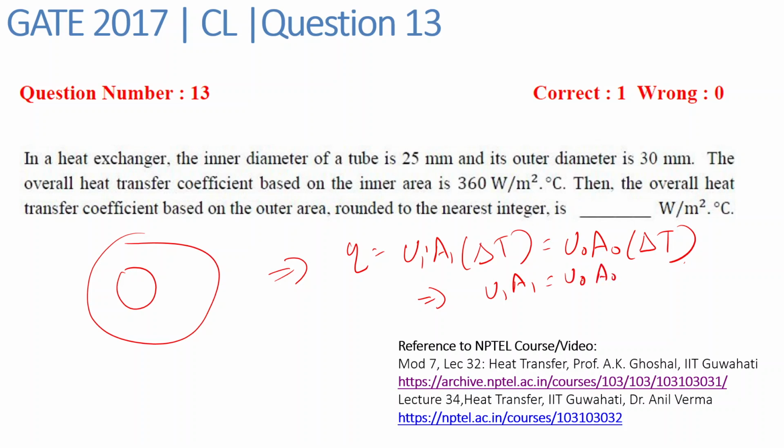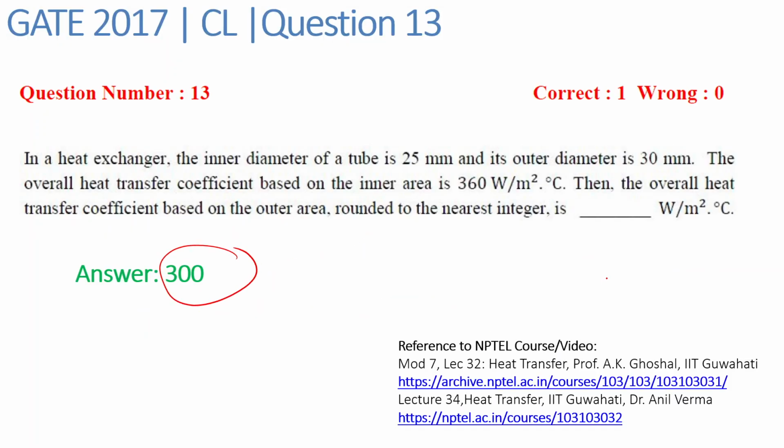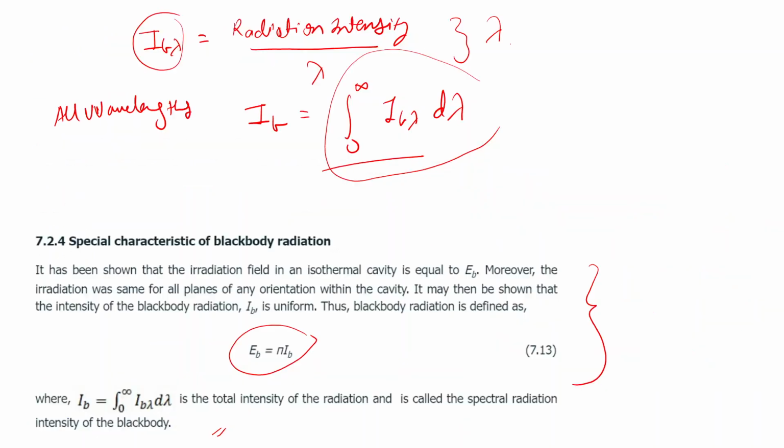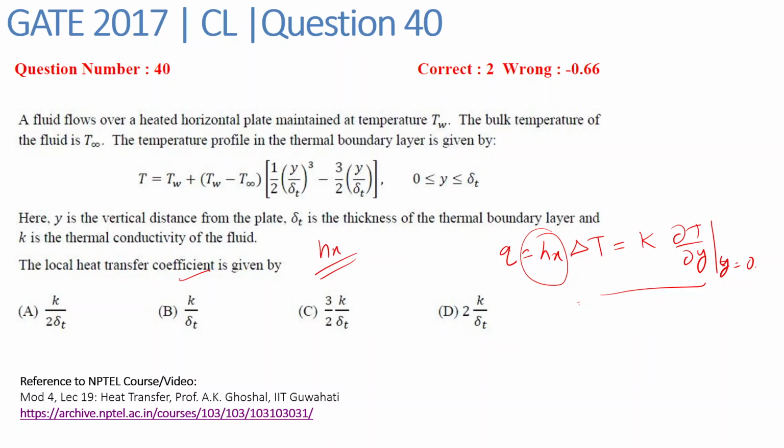Based on the given information we were asked to find the overall heat transfer coefficient based on this outer area. The second question was the simple straightforward definition of black body radiation intensity. Then we had this formula for the local heat transfer coefficient that you need to derive from over here.